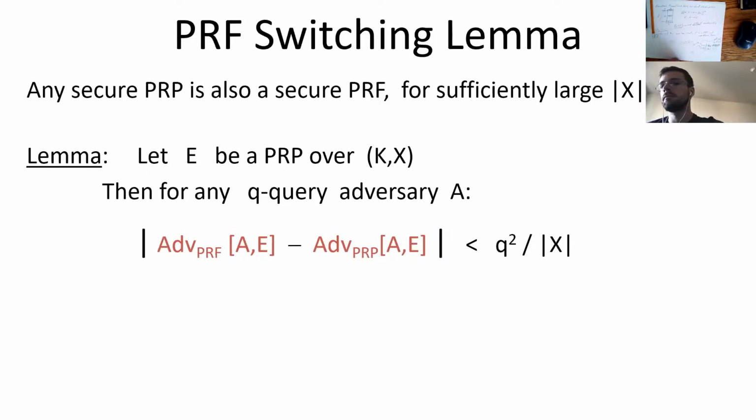For any adversary A that asks Q queries, if you measure his advantage in distinguishing some block cipher E from a random function, and then you measure the advantage of the adversary distinguishing the same block cipher not from a random function but from a random permutation, then the difference between these two is bounded like this: the square of the number of queries over the domain size.